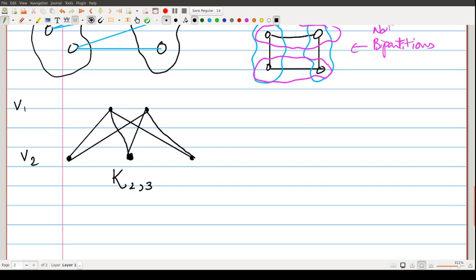So for example, if I were to draw a graph K33, that means I put 3 vertices in one set, 3 vertices in another set, and then just draw the possible edges that are allowed. So from here to here, from here to here, and this edge is allowed, this edge is allowed, this edge is allowed, and then this one, and this one, and that's all. That's the K33 graph. Okay.